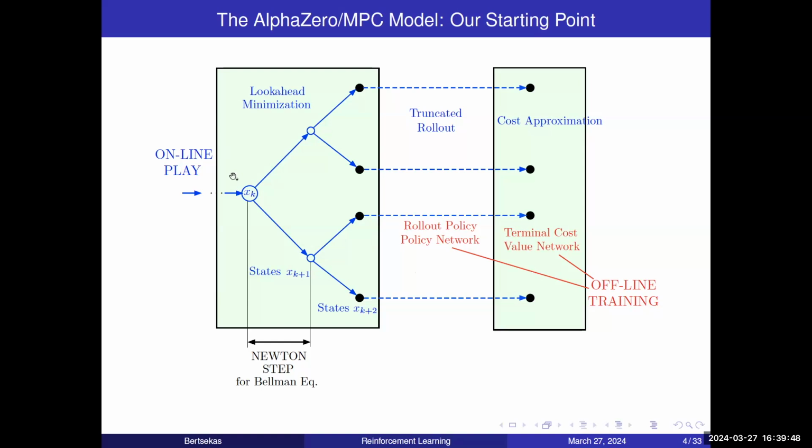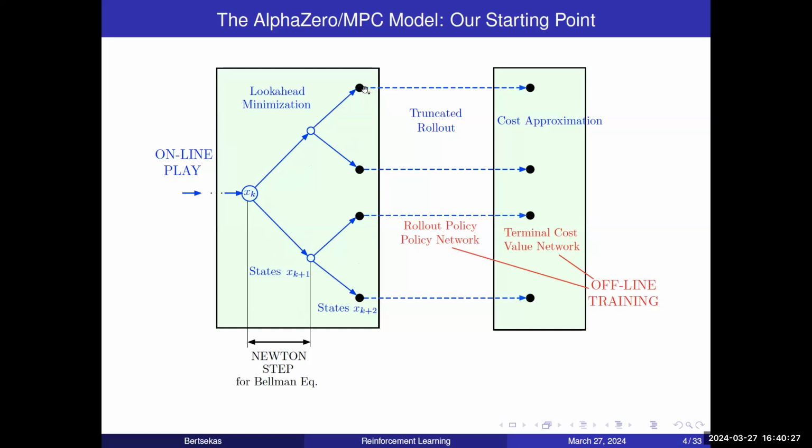On the other hand, the online play operation is only done for states that we actually encounter in real-time operation. This is one of the key differences. And the other difference is that, conceptually, the online play part is more important. And there is a subtle difference between the first step and future steps. In this figure, the online play part involves two steps of lookahead.